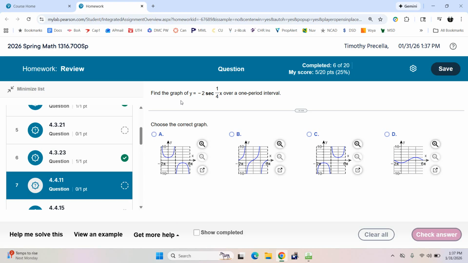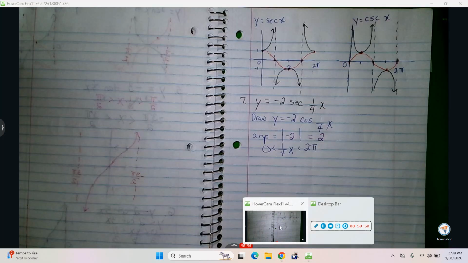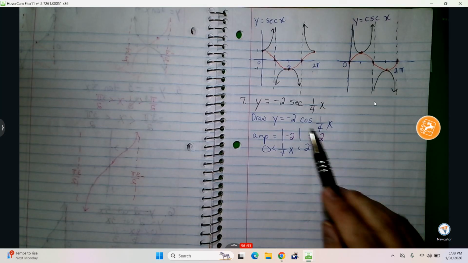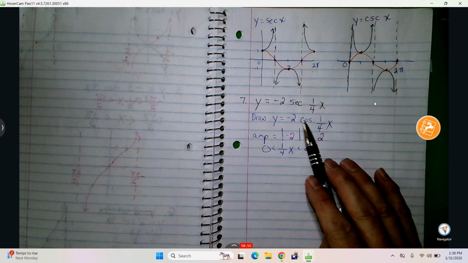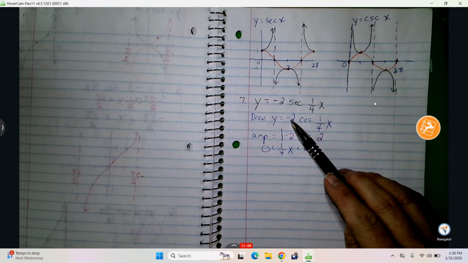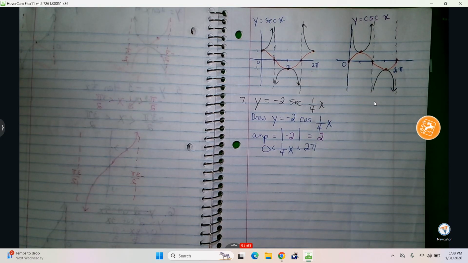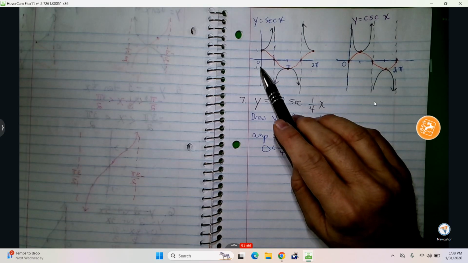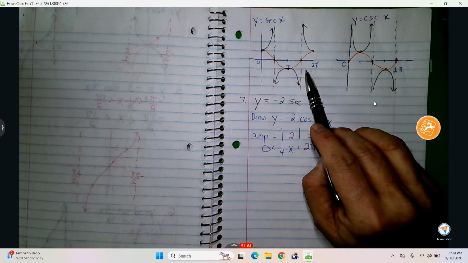Instead of going from 0 to 2 pi, my logic is, what value of x will make this angle go from 0 to 2 pi? Sorry about that. I'm first drawing y equals -2 cosine 1/4 x. Absolute value of -2 is a +2. This graph is going to look like this.